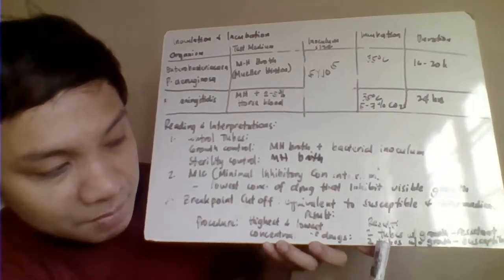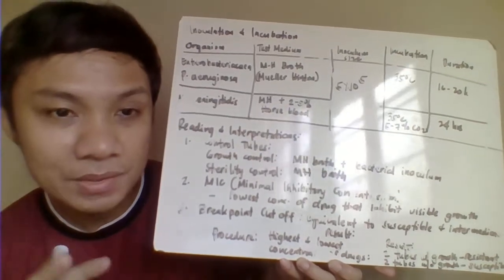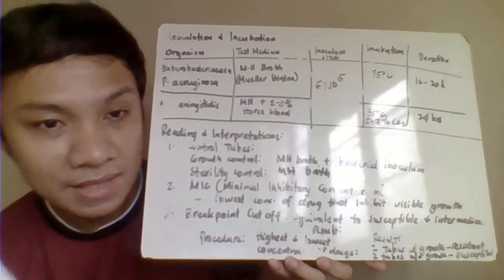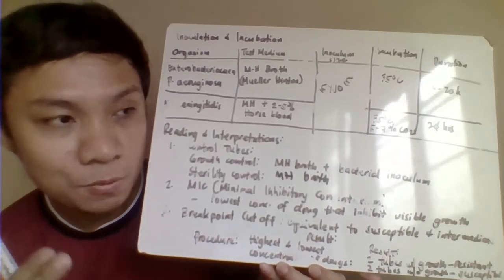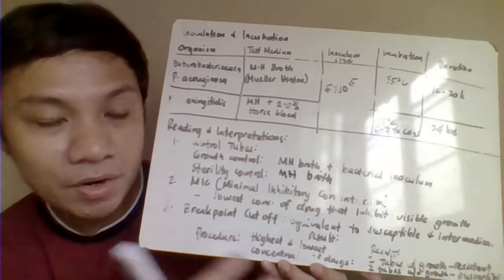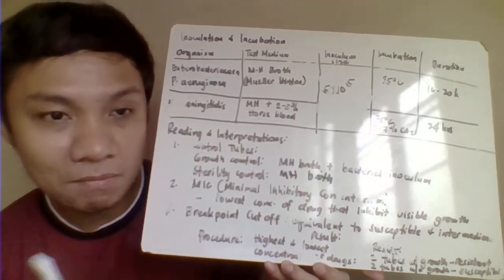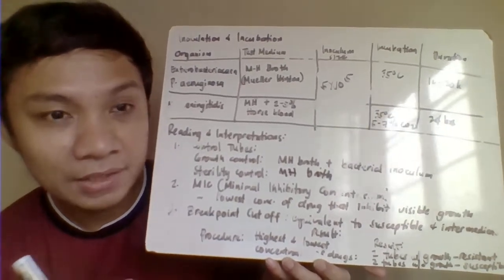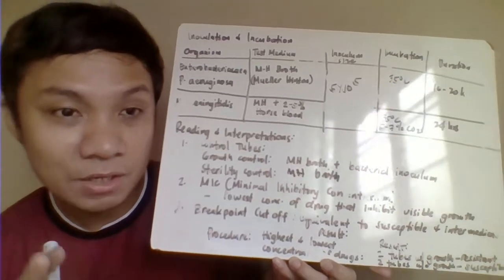So for our interpretation, if ang dalawang tube, the highest and the lowest concentration, may growth, ang interpretation natin ay resistant. Okay? Pag susceptible, pag ang dalawang tube, the highest and the lowest concentration ay walang growth, signifying na susceptible ang ating bacteria with your antibiotic. On the other hand, pag isa lang may growth, isa ay wala, that's your intermediate.